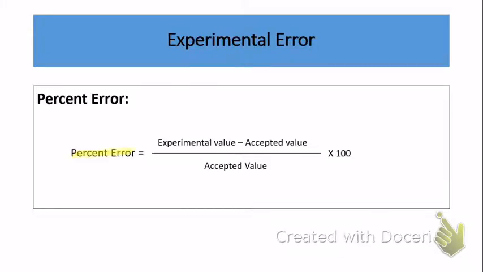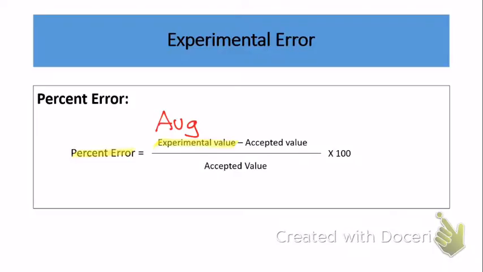So percent error, what we do is we take the experimental data value, the value that you got from your lab, and typically this is going to be the average. All right, so we're looking at the average value that you take from all the trials that you have, okay?